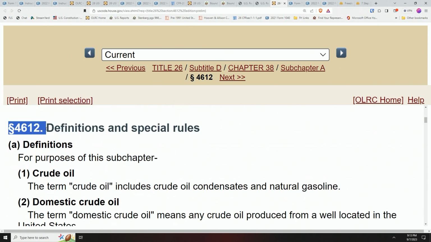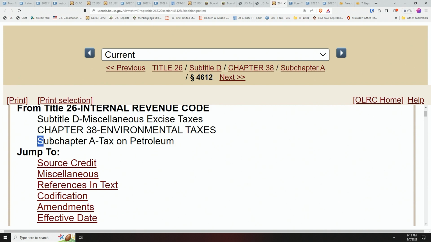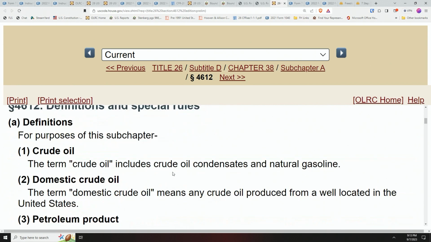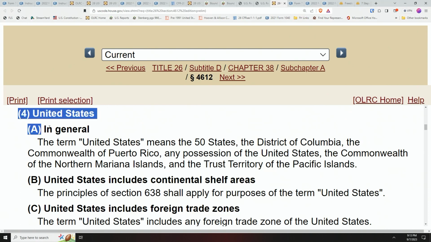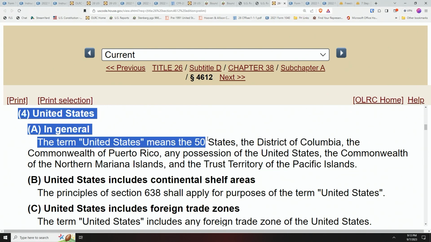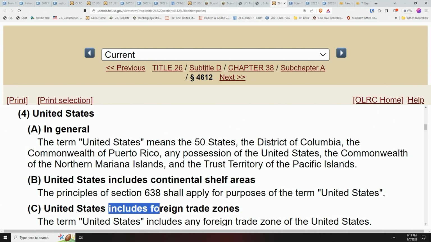And this section says that for purposes of this subchapter, again, this is Subchapter A, Tax on Petroleum only, they have special definitions like the term United States means, look at that, the 50 states. They did not forget about it. When they can tax you in the 50 states, they do it here. They include a lot more U.S. territories here and continental shelf, and even include the foreign trade zones. See, they didn't forget about it.